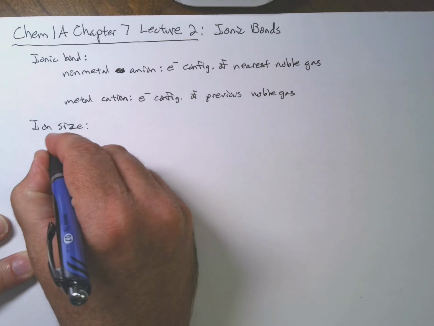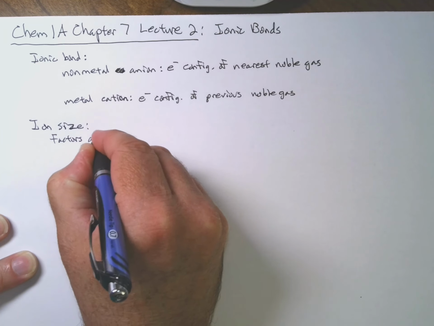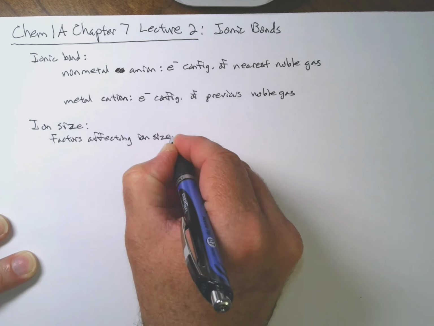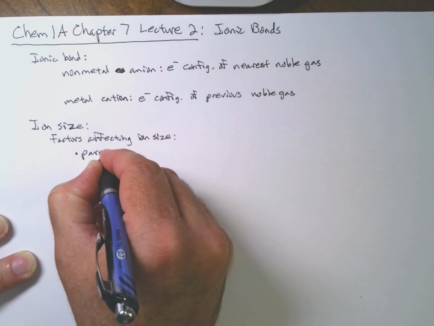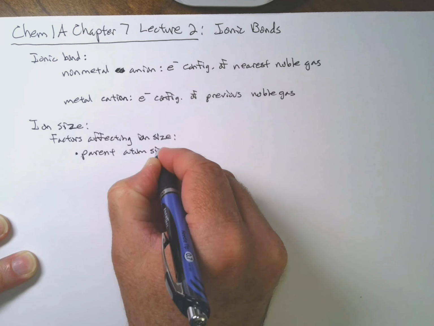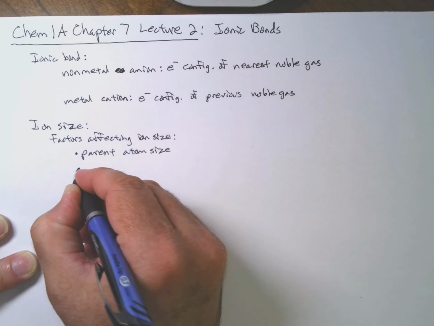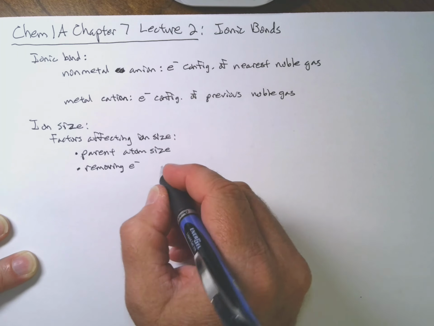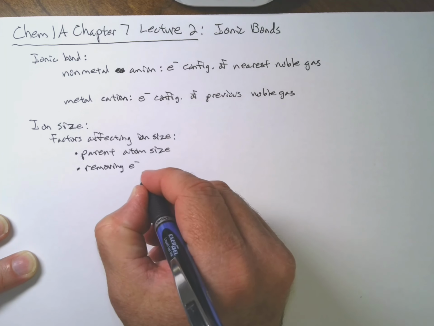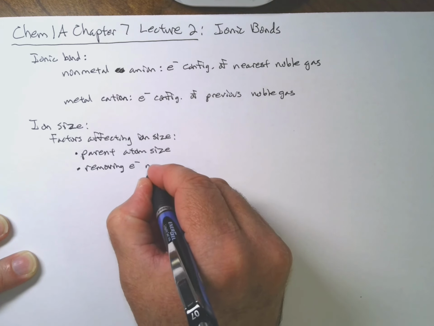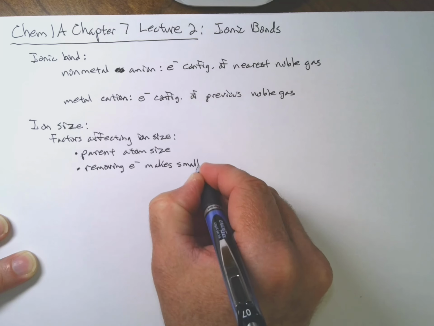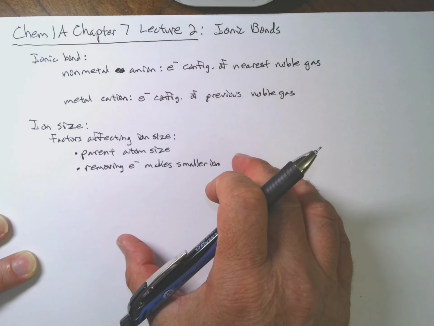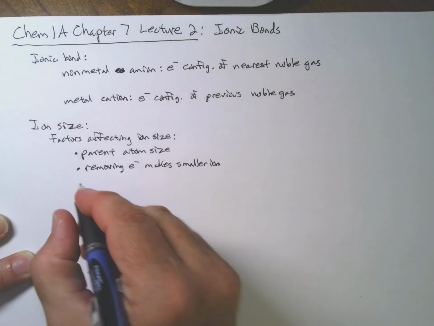So factors that affect ion size include the parent atom size, and then removing electrons will make a smaller ion, because we're taking electrons away, so we won't have the highest energy electrons that are the furthest from the nucleus.